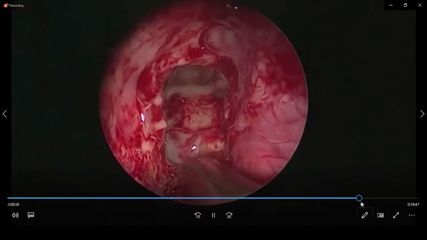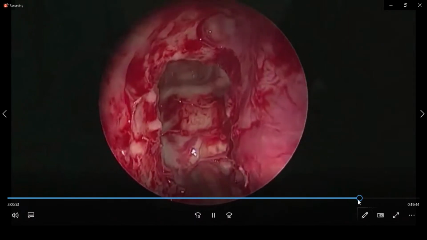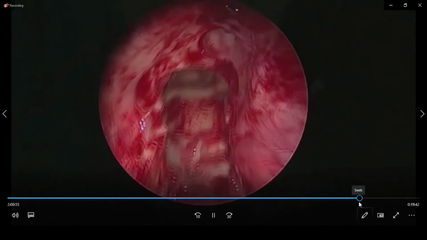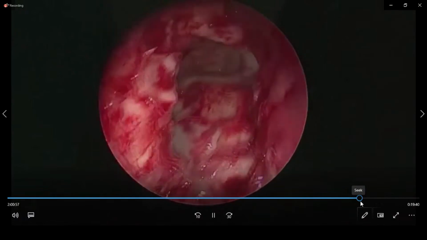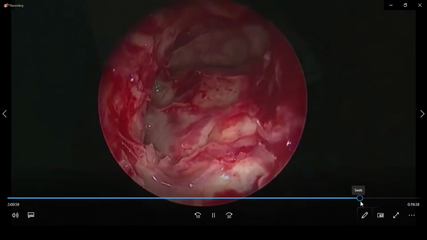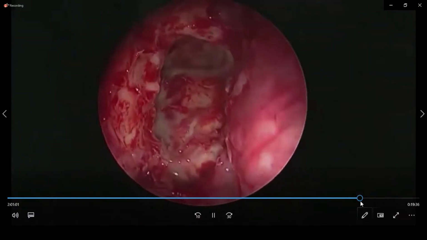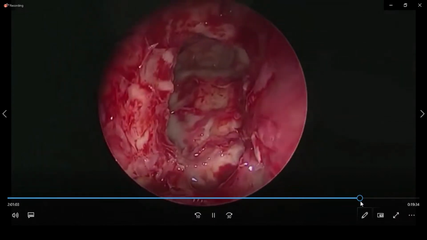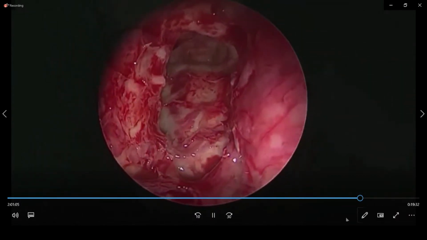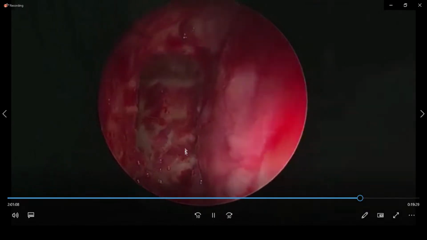Sometimes the artery lies in between the bone. Yes, artery lies in between the bone. See, this was the septation projecting that has to be removed. Anyway, we are not supposed to disturb the bone over the artery. That is not our goal.